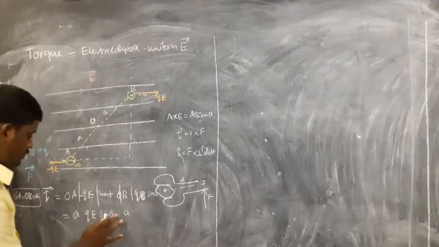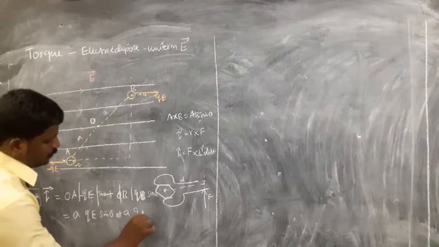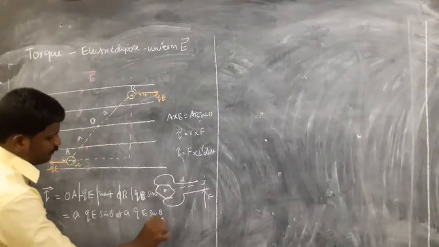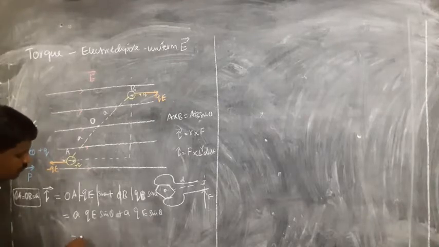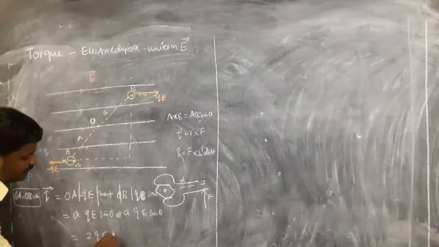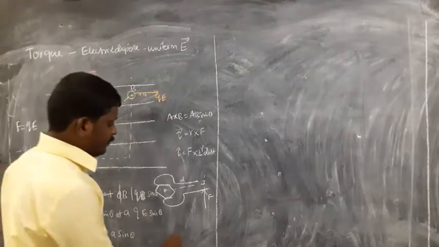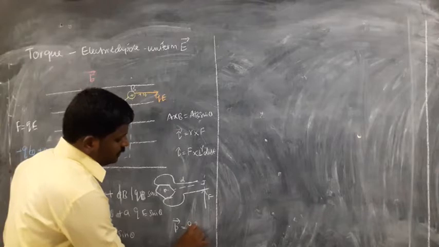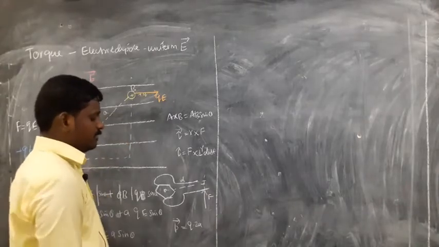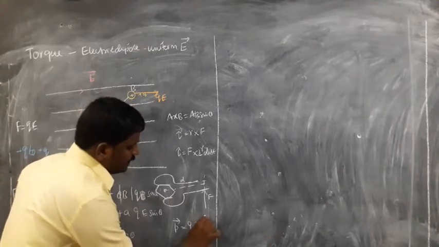So a qE sin theta, and qE sin theta is common. a plus a equals 2a, so qE times 2a sin theta. We already know the dipole moment vector p is equal to the charge times the distance between the two points, times p cap.